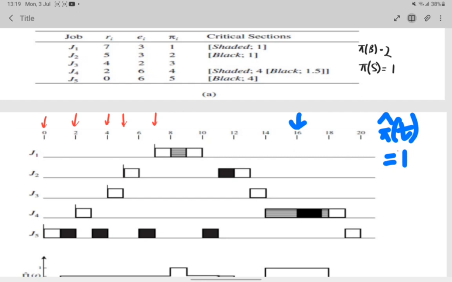Now at time 16 the resource black is being requested by job 4, and it will get assigned to job 4.